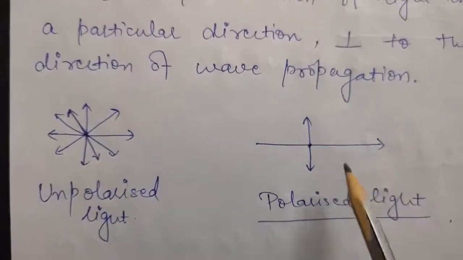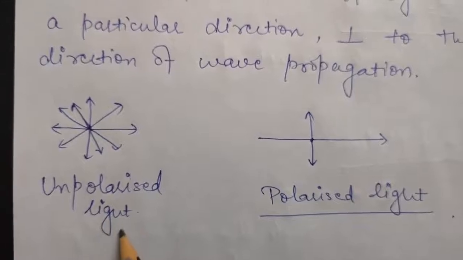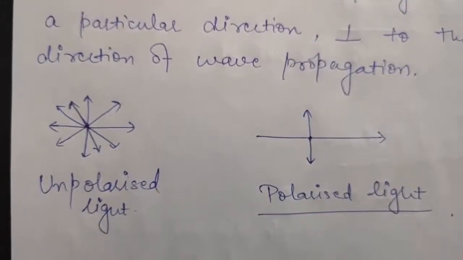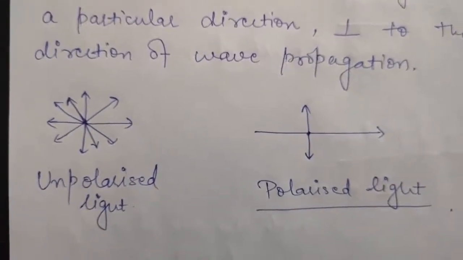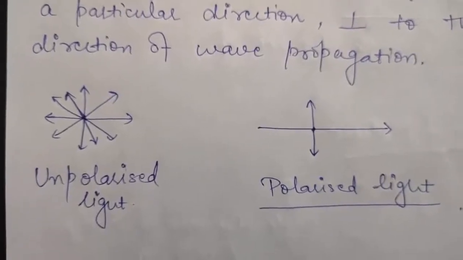Therefore this now becomes a polarized light, and to make unpolarized light into polarized light we use a polarizer, which I'll tell you about later. I hope it is clear now what is meant by polarized light.